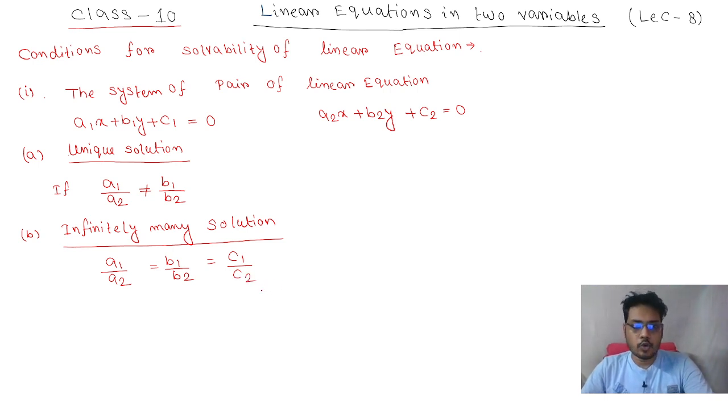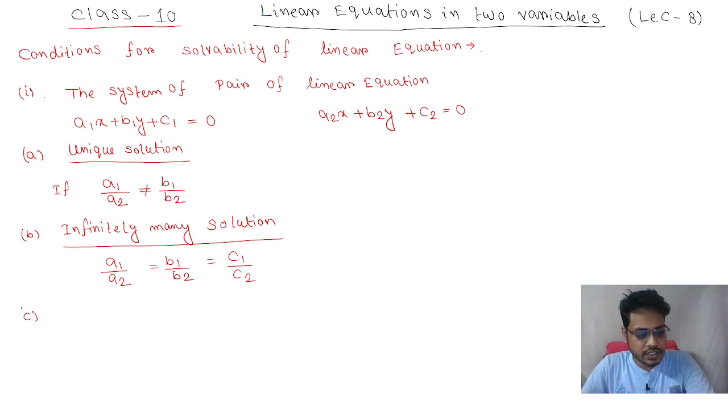That means the ratio of the coefficient of x in the first and second equations will be equal to the ratio of the coefficients of y, and it is also equal to the ratio of the constants in the first and second equations.